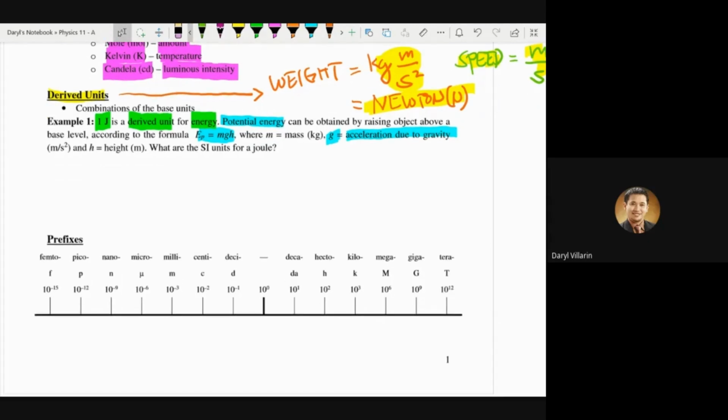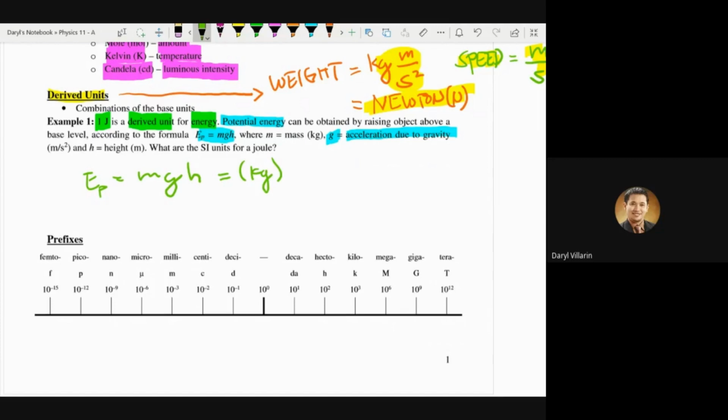If you write out the formula for potential energy, it's mass times g times h. If you take the base units of each: mass is in kilogram, so it's just multiplying by kilogram. Acceleration due to gravity is given in meters per second.